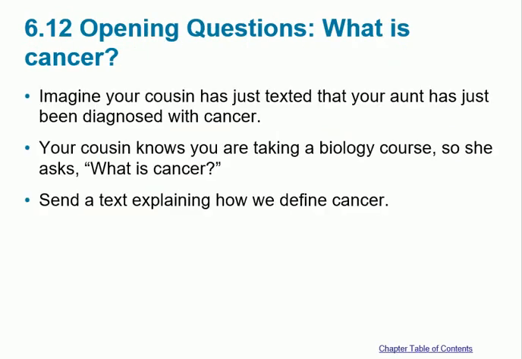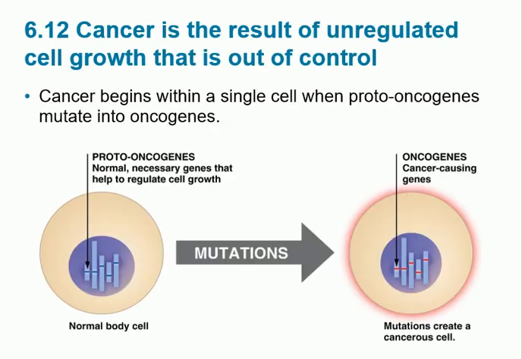Now, cancer. If you have somebody that is diagnosed with cancer, what's cancer? It has a lot to do with what we just talked about. In our body, we have some genes, or some parts that regulate the genes, and we call those proto-oncogenes.